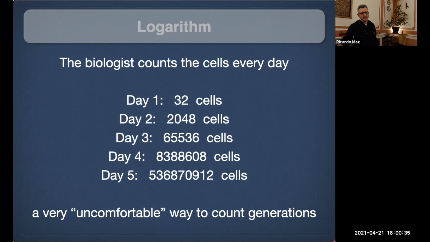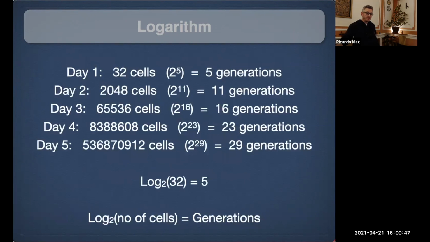If you count the number of cells you have each day, it's uncomfortable. You cannot visualize it well. So what you do, you calculate the logarithm in the base of 2. If the cell would divide itself every time into 3, the base would be 3. Okay? And then you have the number of generations per day.